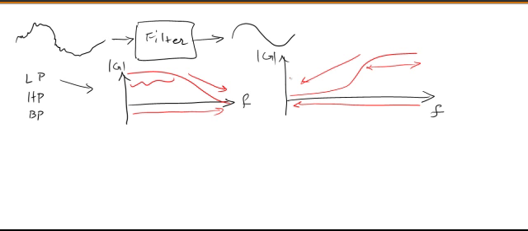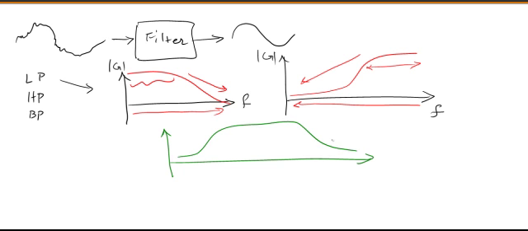If you mix a low pass and a high pass filter together, then it's going to give you a band pass filter. For a band pass filter, this is going to be the frequency response. If this is F, and again this is going to be the gain. By the way, gain is defined by output voltage divided by input voltage.